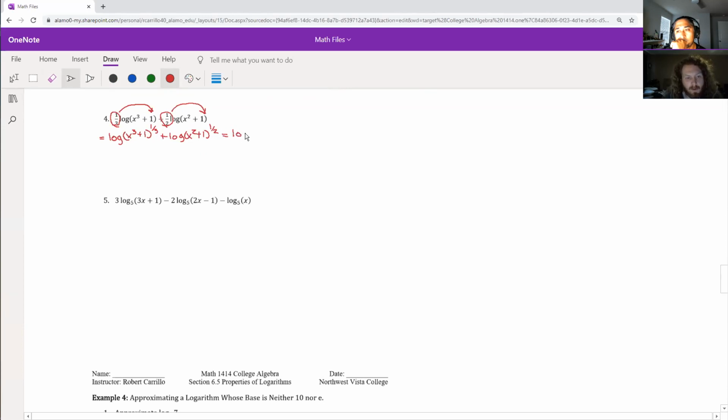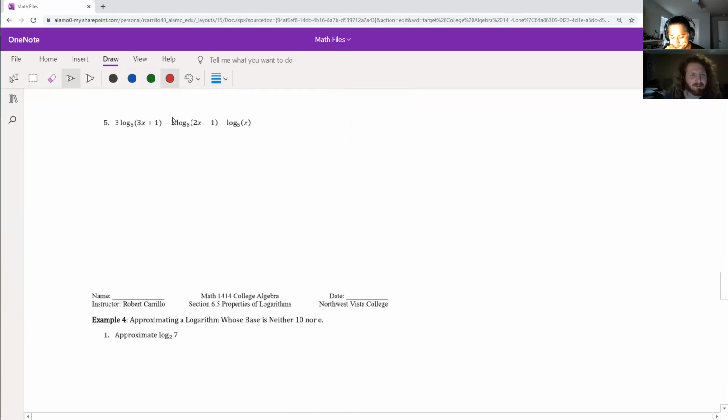So we have log of the whole quantity, x cubed plus 1 to the 1/3 power times x squared plus 1 to the 1/2 power. I think that's it. There's really no easy way to combine these down. All right, move on to the next one.